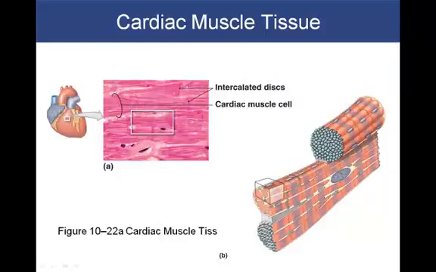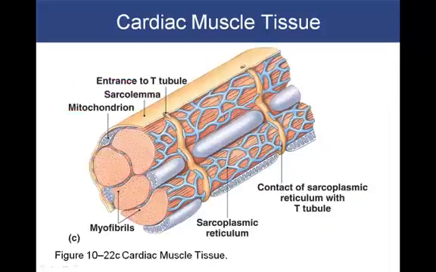This increases the size of those two figures. Cardiac tissue, it's striated and it's branched. Here we actually have the intercalated discs. Very nice capture of those intercalated discs. And as we look at that third figure, again we have a sarcoplasmic reticulum.